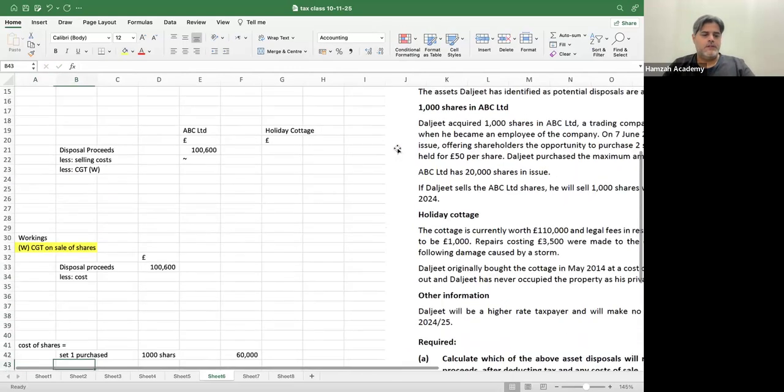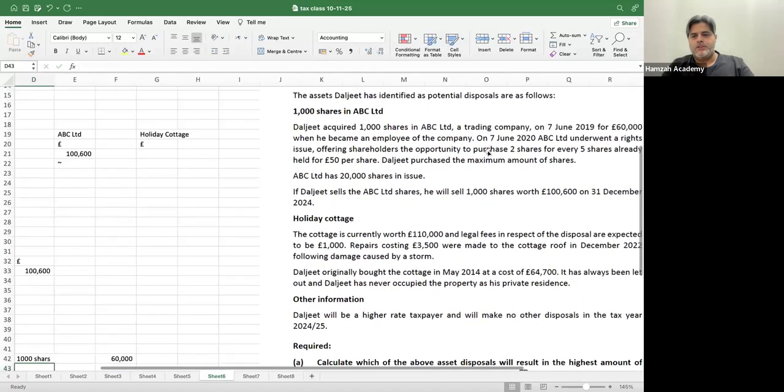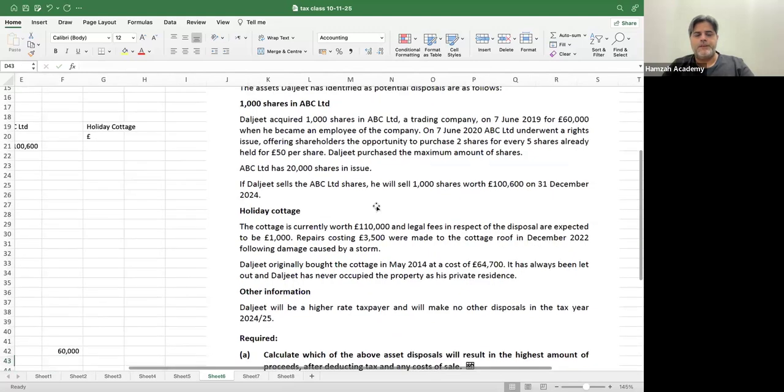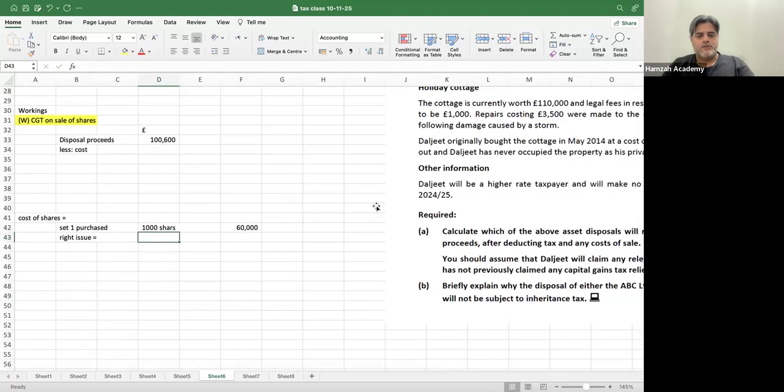Then I got my rights issue of shares, and the rights issue was 2 for 5 shares at £50 per share. That's 20,000, and 2 for 5 shares means 400 shares.